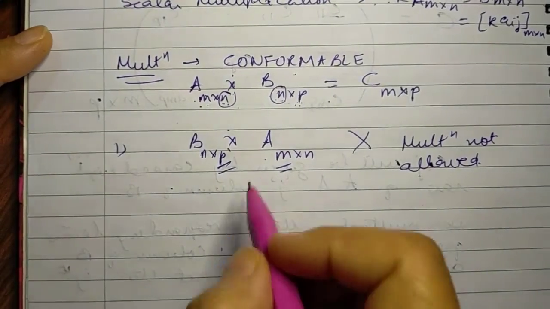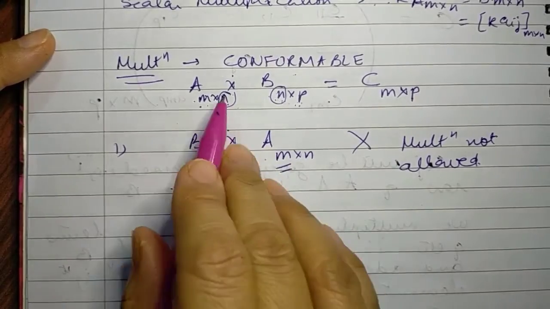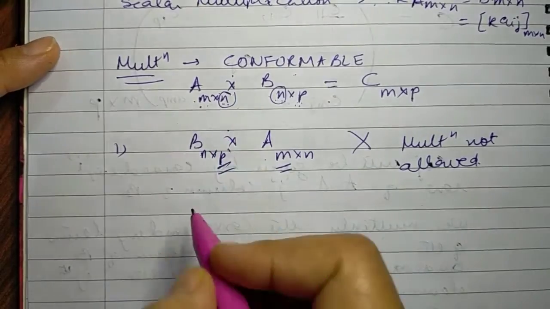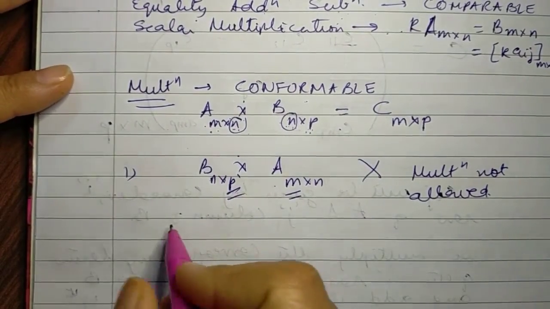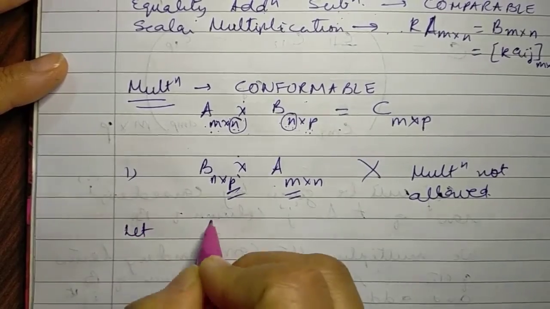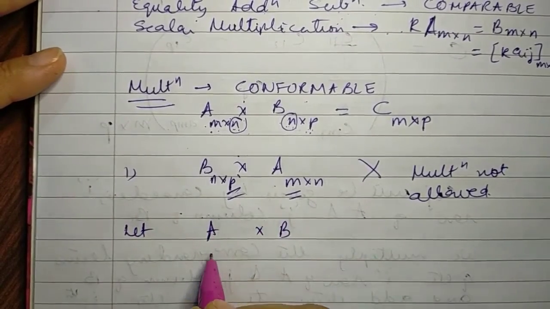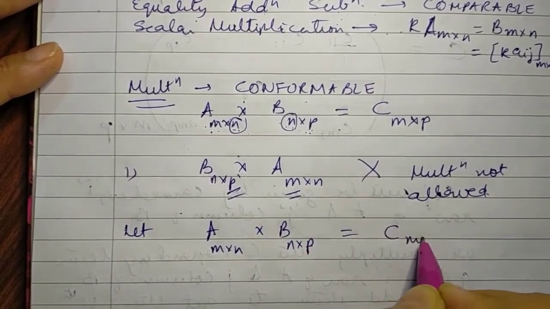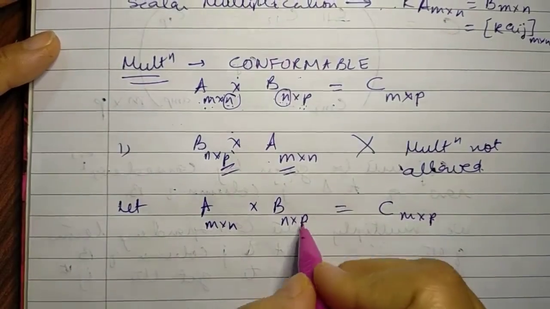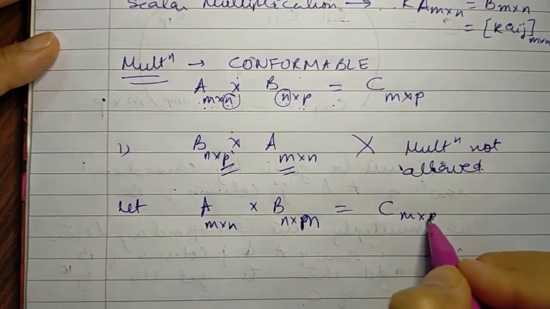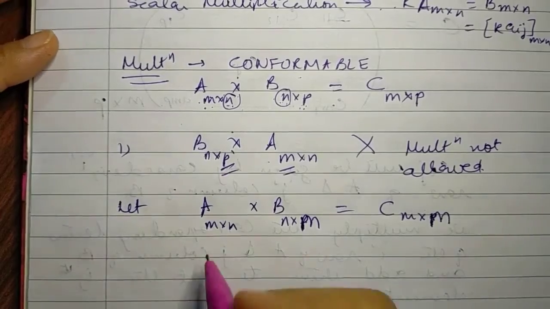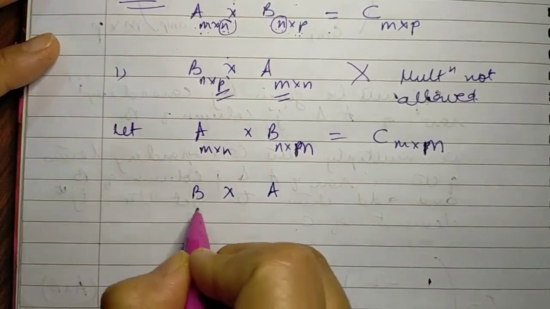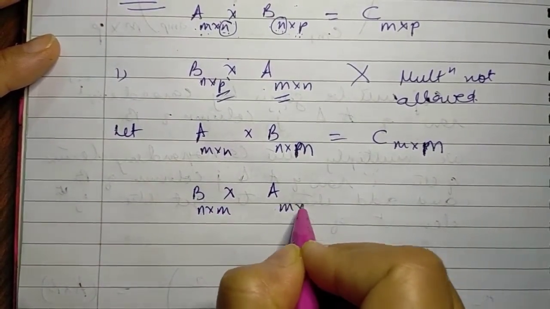Another case is that both multiplications may be defined. Suppose A is an m by n matrix and B is an n by m matrix. Then AB is m by m, and if we find the product of B and A, we get n by m times m by n.